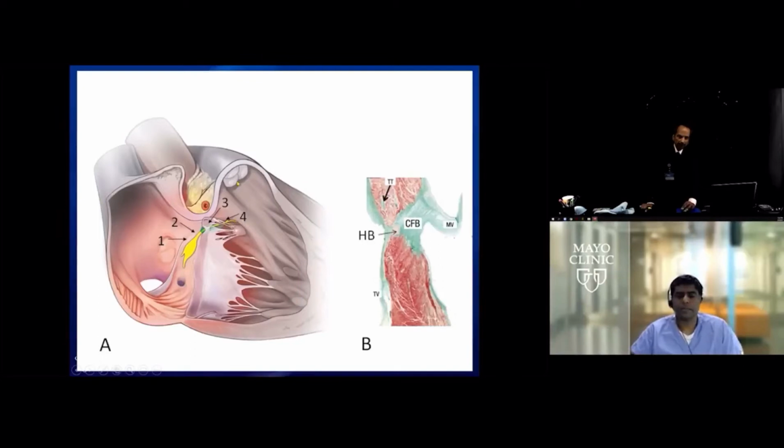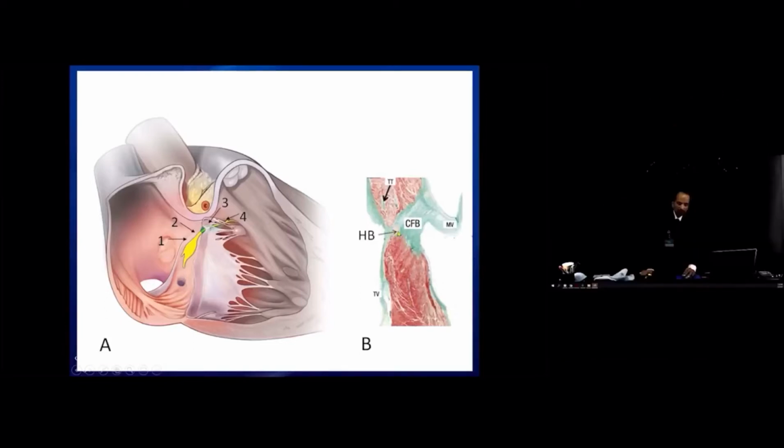Now, if we take a section through here and look at it, what we'll notice is that because the membranous septum is a fairly thin structure, when this His bundle comes and hits the ventricular septum, that's when it's going to separate into the right and left bundles.